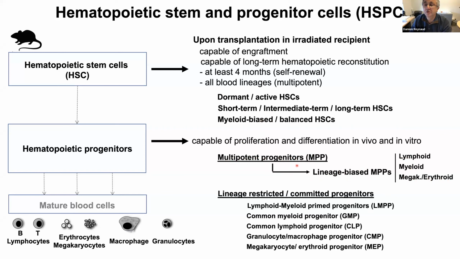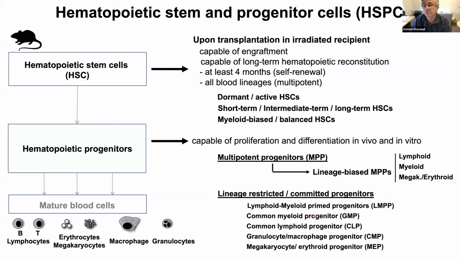Below these multipotent progenitors, you have a set of lineage-restricted or lineage-committed progenitors, which have lost the ability to differentiate in diverse pathways. So in this case, you have lympho-myeloid primed progenitors, and you have all the classical restricted progenitors defined by the Weissman lab in the 90s, early 2000s.